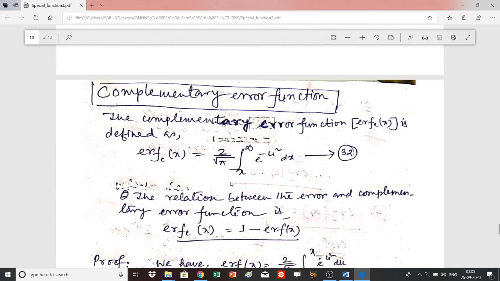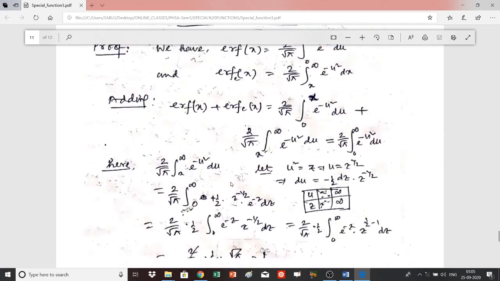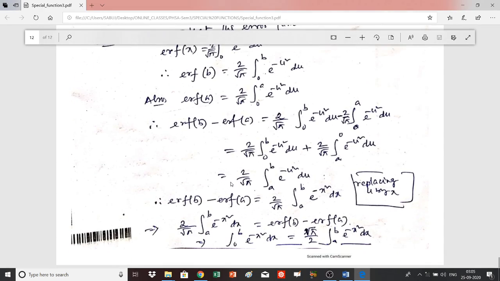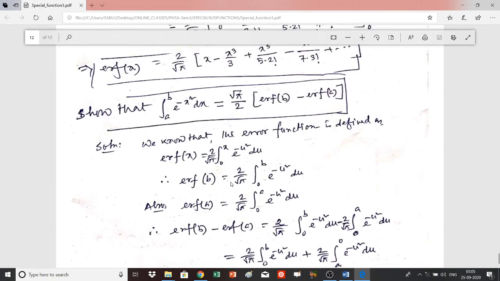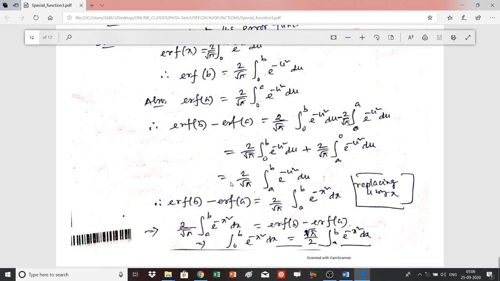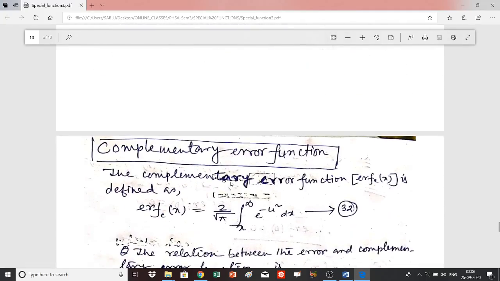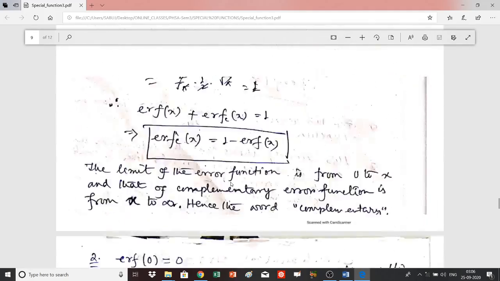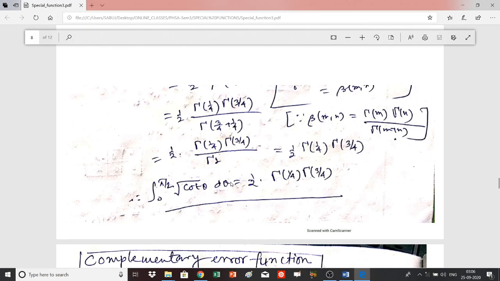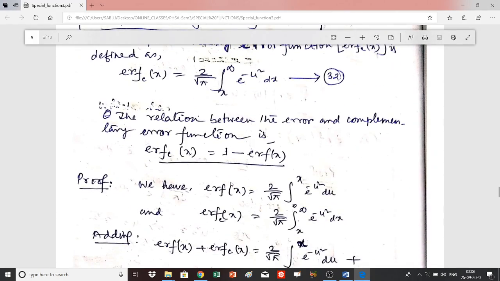Here the complementary error function has been taken twice. So the next term is, mistakenly, it comes here as the complementary error function.